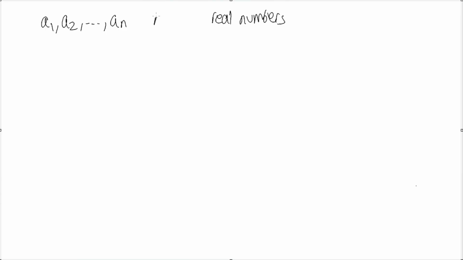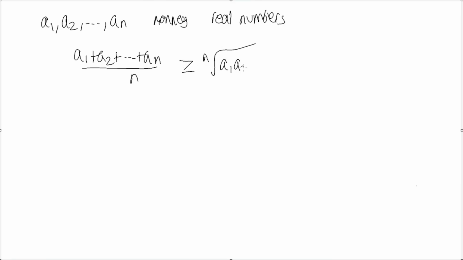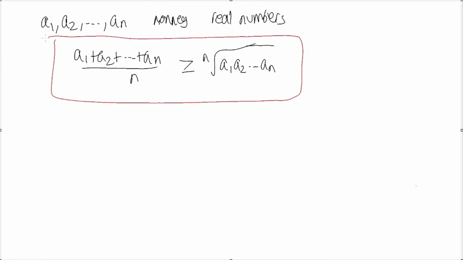They can be 0. Then what AM-GM states is that (a1 + a2 + ... + an) over n, their arithmetic mean, is greater than or equal to the nth root of a1 a2 ... an, their geometric mean. And this is AM-GM.